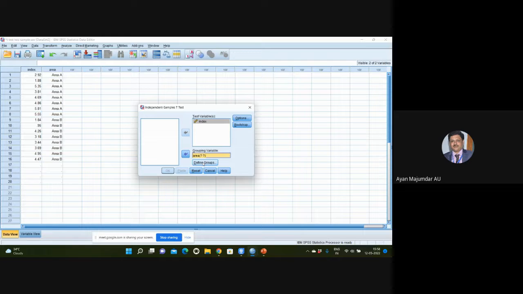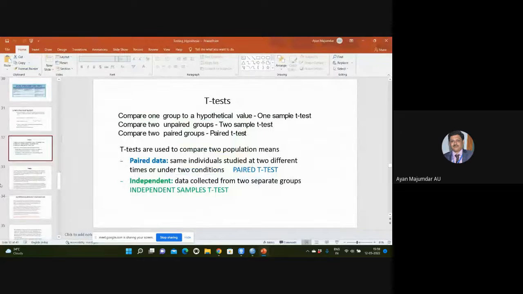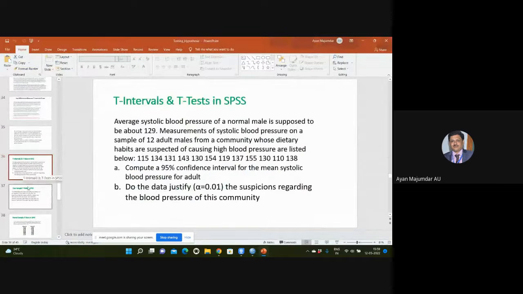You need to define this. So define groups. The first group A, we have given 1. And the second group B, for SPSS we have taken as 2. 1, 2, continue.